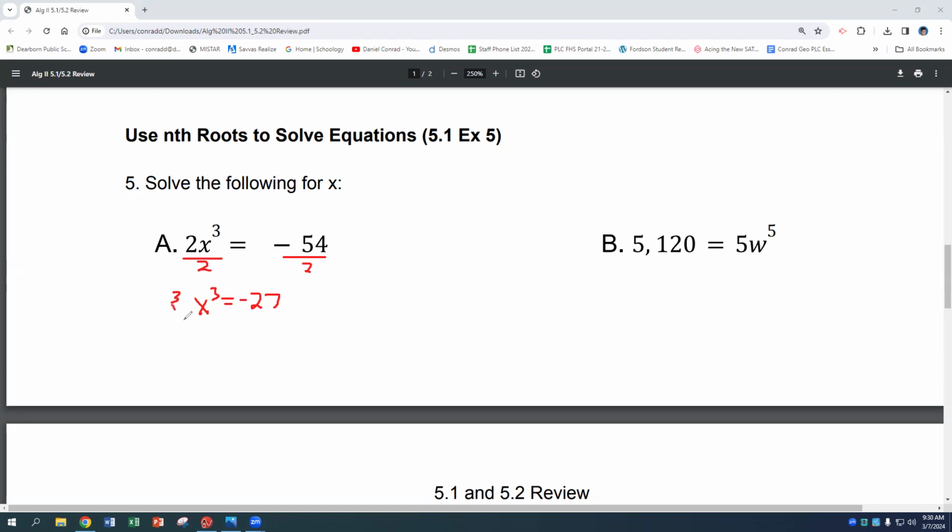Okay, I'm going to take the 3rd root of both sides. Cubed root of both sides. So the cubed root of x to the 3rd is x. And then the cubed root of negative 27 is negative 3. Okay, over here, I'm going to divide both sides by 5. So this is going to give me, let's see, 1024.